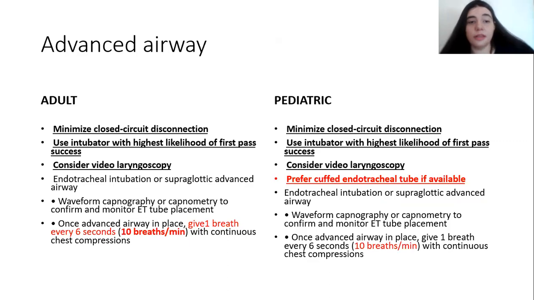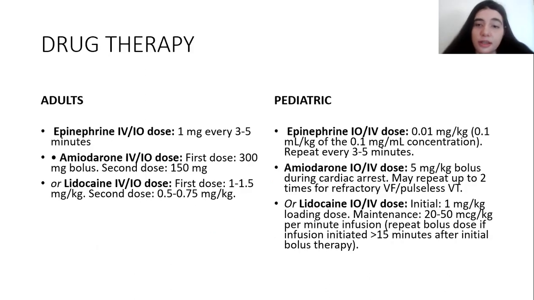Then endotracheal intubation or supraglottic advanced airway for both of them, and prefer the cuffed endotracheal tube for the pediatric population. For the drug therapy, epinephrine, as we said before, 1 milligram every 3 to 5 minutes for adults. Amiodarone, first dose 300 milligram bolus, then the second dose is 150 milligrams.